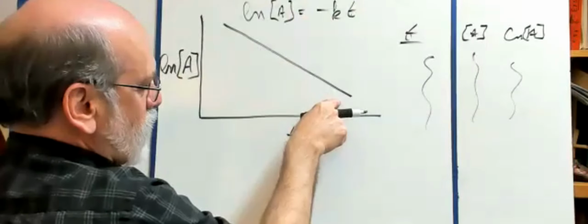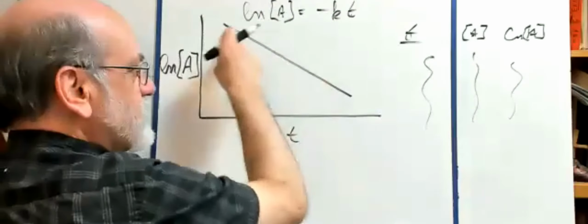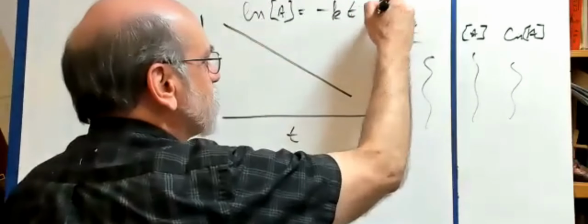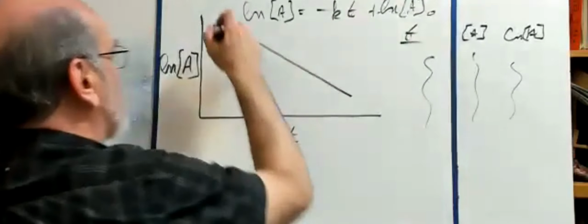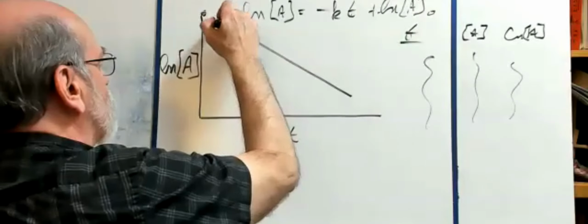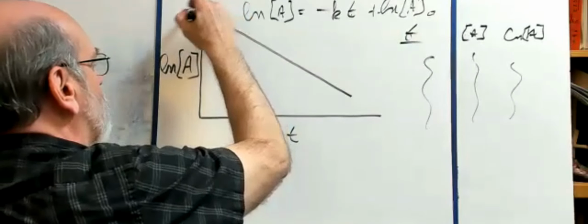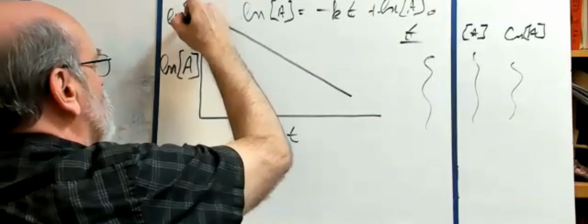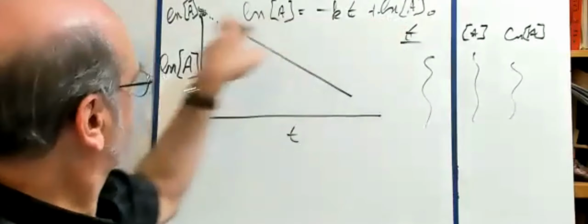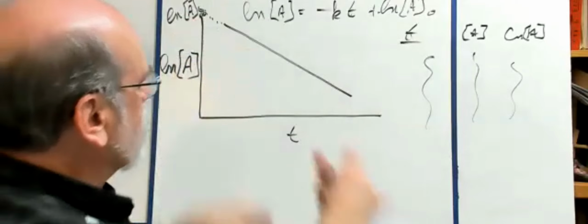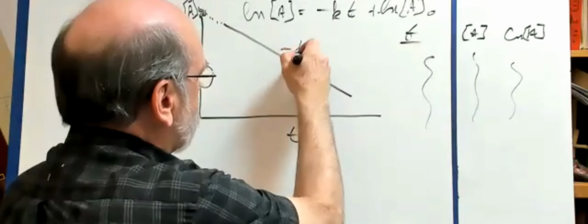Minus is a negative slope. Positive slope would be this way. This is the negative slope, plus the natural log of A0. And this would be right here, a log of A0, the y-intercept, right there. And the slope here would be a negative k.